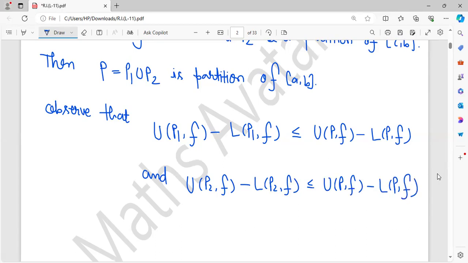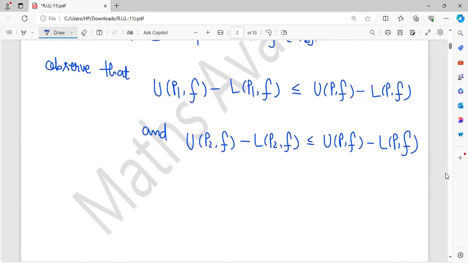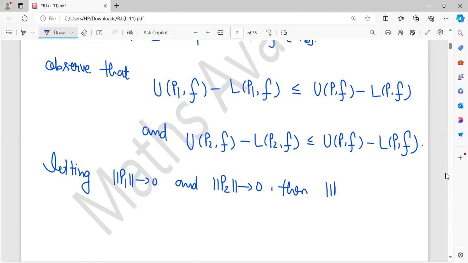These things always happen. Now, letting norm of P1 tend to 0 and norm of P2 tend to 0, then norm of P, which is the norm of P1 union P2, also tends to 0.